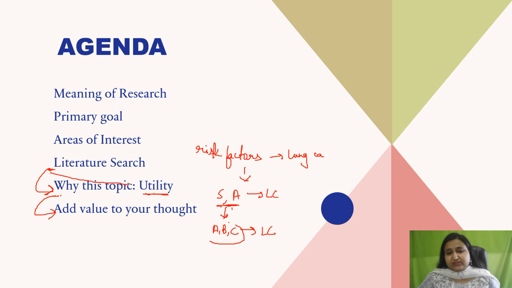So now I want to study these three factors which are still unknown, or there is a dearth of studies regarding these factors, or we can explore their effect on the occurrence of lung cancer by using different statistical techniques. So by adding value to your thought, you can rephrase your research question.